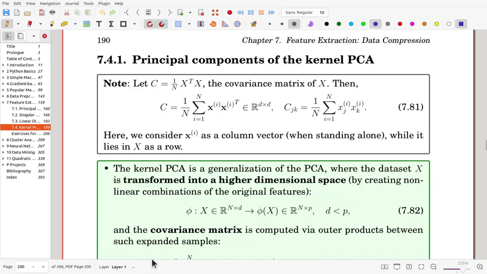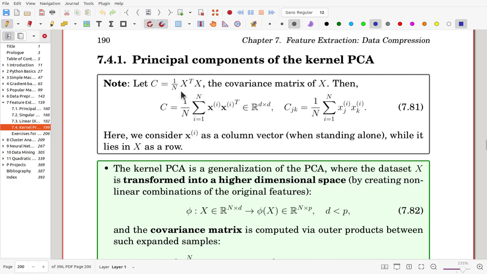Okay, now we begin considering the principal components of the kernel PCA. Here, C is the covariance matrix of X, with the scaling factor 1 over n, though you don't have to put 1 over n.